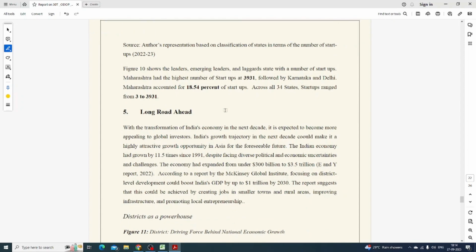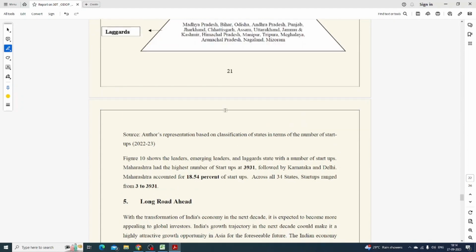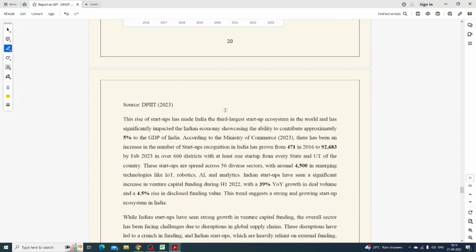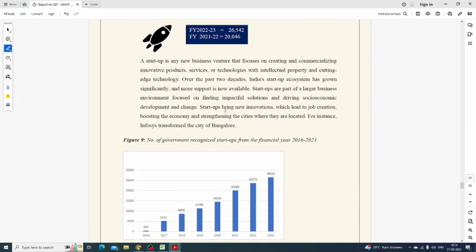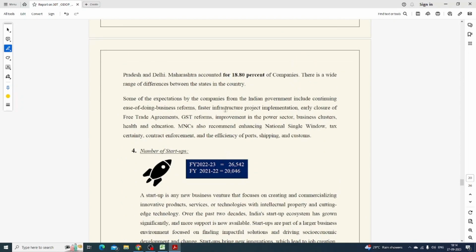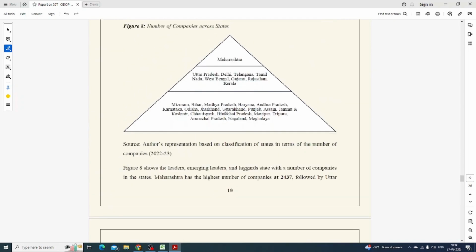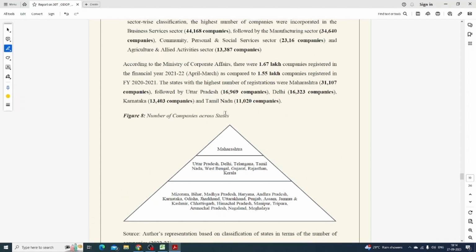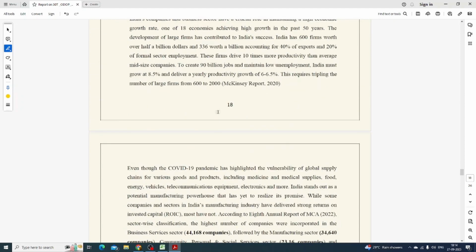And to keep up this growth rate, India needs to triple its quantity. So they are saying India should have at least 2000 companies where the net worth of each company is around half a billion.